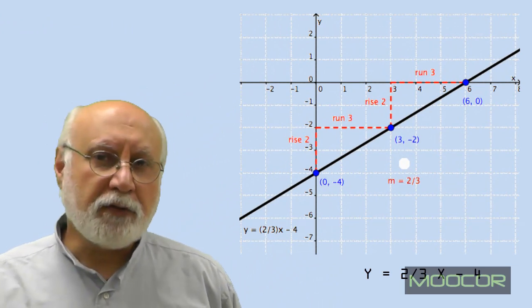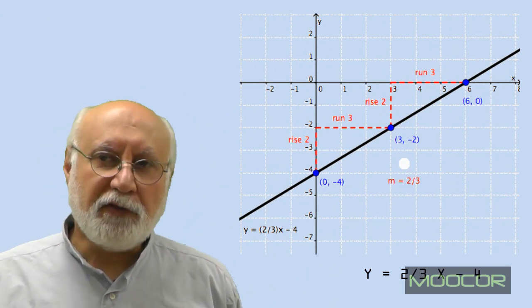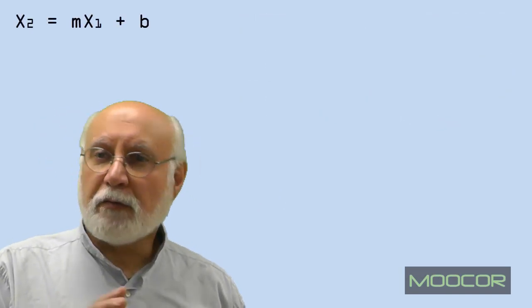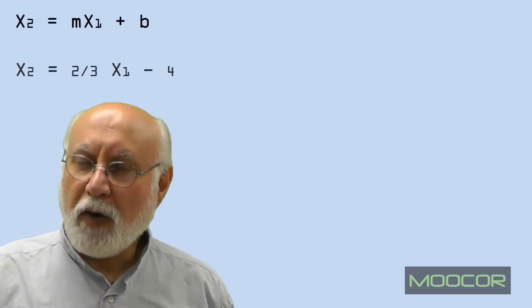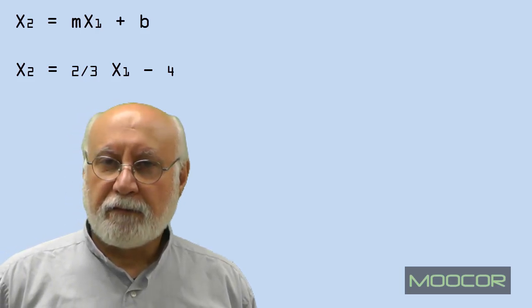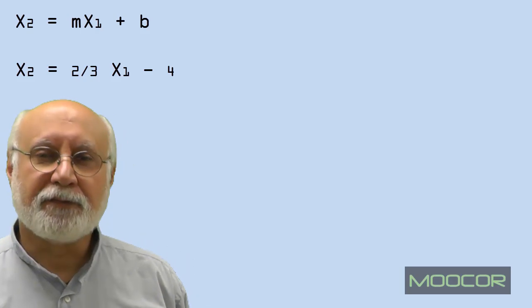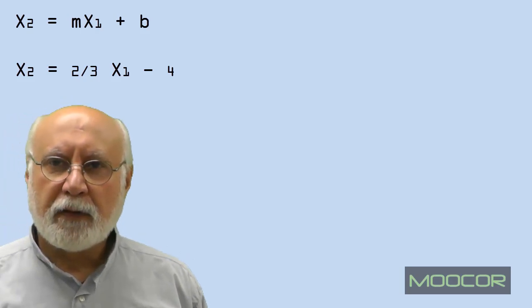In here we are going to use different notations for x and y, in terms of x1 representing x and x2 representing y. And these are x sub 1 and x sub 2.